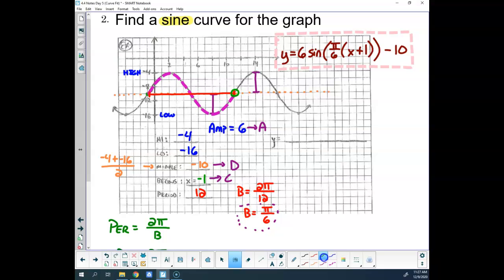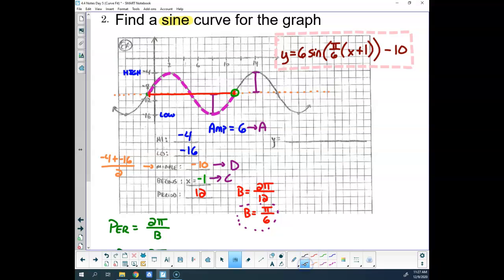Now, what if, instead of starting there, we would have started right there? Does my amplitude change? No. Does my middle change? No. Does my b change? No. The only thing that changes is c.